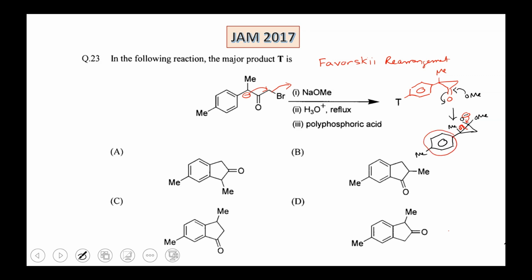So I'll be having a carbanion formation in this carbon because it will be stabilized by the phenyl ring. So I have the formation of a product like this. So I'll be having the carbon with the carbanion formation followed by a CH2 which is attached to the ester group. Okay.